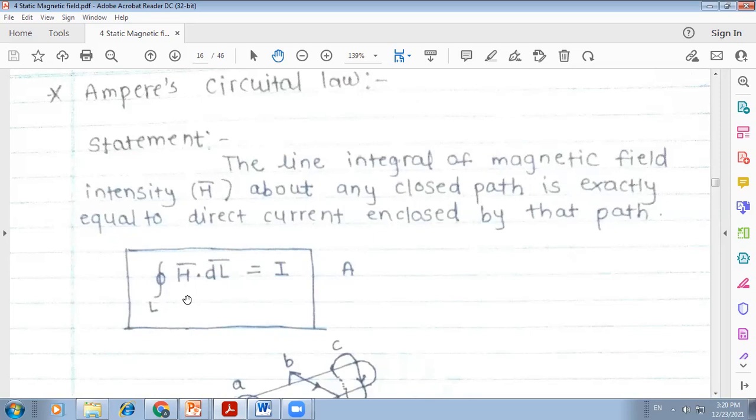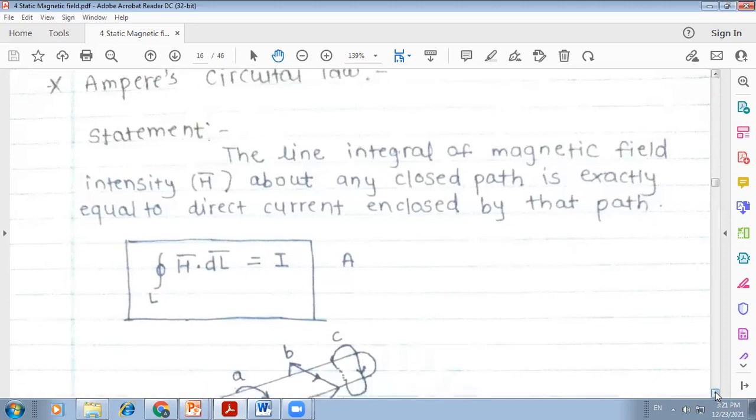So Ampere's circuital law states that the line integral of magnetic field intensity, that is H bar, about any closed path is exactly equal to the direct current enclosed by that path.